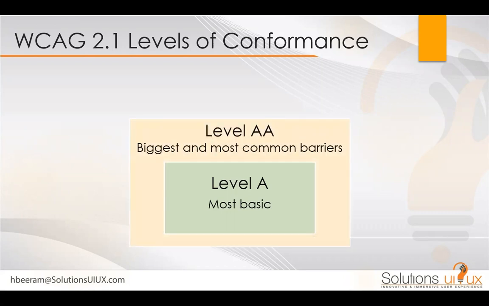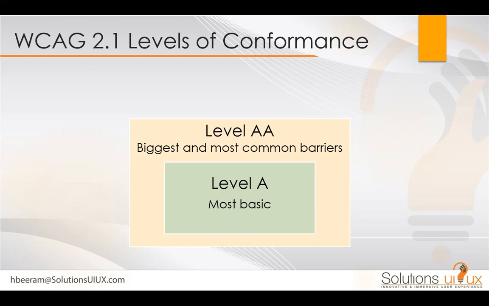However, if you go to the certifying authority and say we are at level AA, that means the biggest and most common barriers have been addressed. So your organization has resolved all these barriers, and then they say, okay, we are good, we want to get the accessibility certification, the seal.